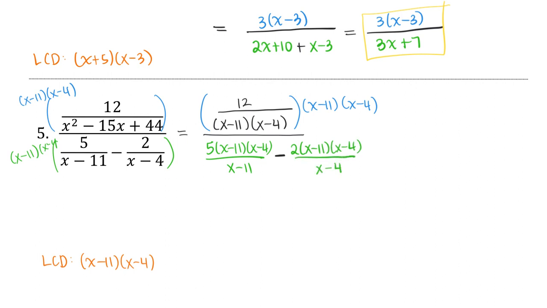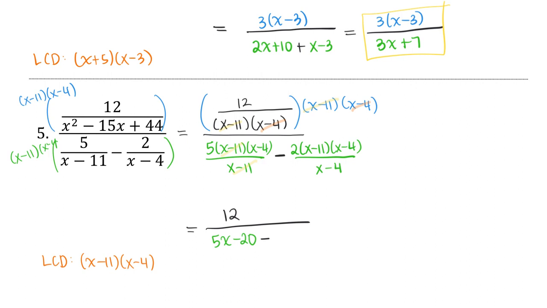Now what cancels? On the top, these cancel. And these cancel too, which is wonderful. So on the top, I just have 12. Now let's look at the denominator. On the first one, the x minus 11s cancel, so I'm left with 5 times x minus 4, which is 5x minus 20.